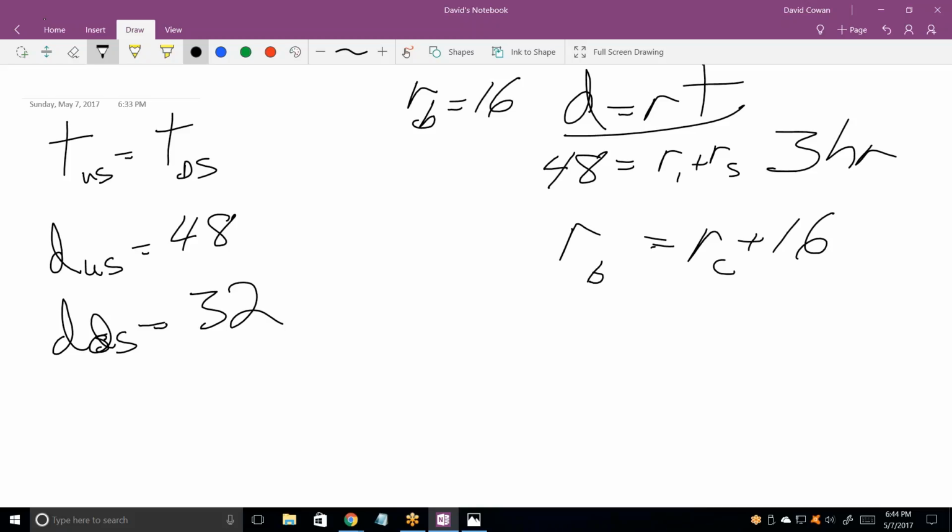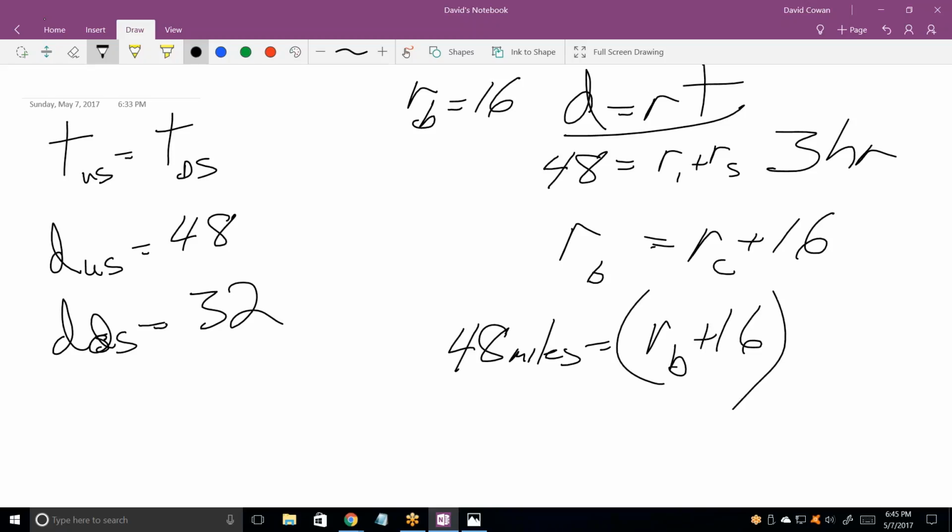So what they're saying is that 48 miles equals the speed of the boat plus 16, that's the rate that it's going, times the time.